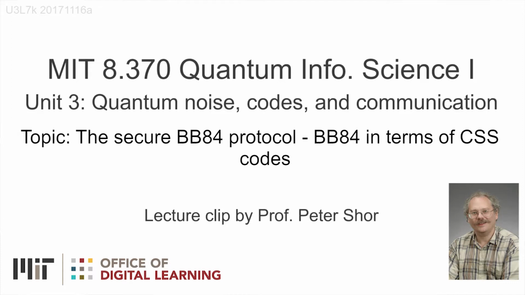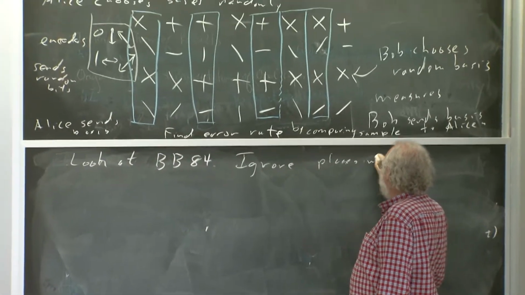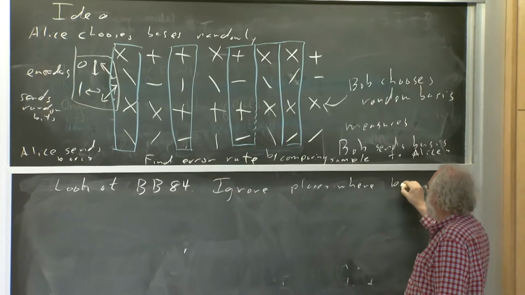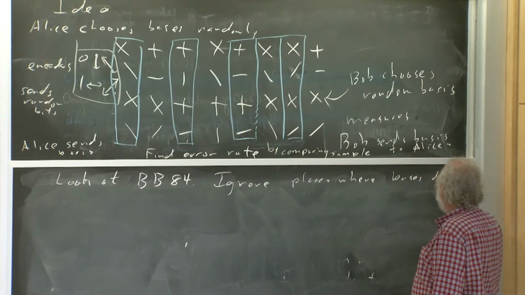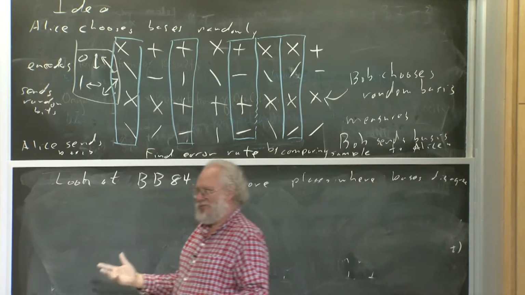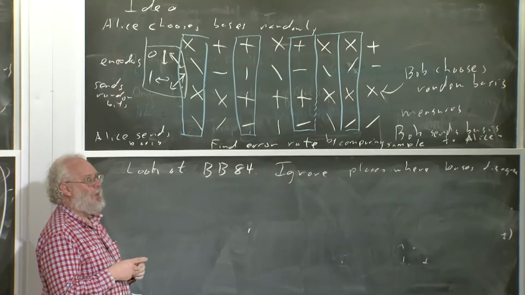So let's look at BB84 again and ignore the places where the bases disagree, because we're throwing those out anyway. We can just concentrate on the places where the bases agree.